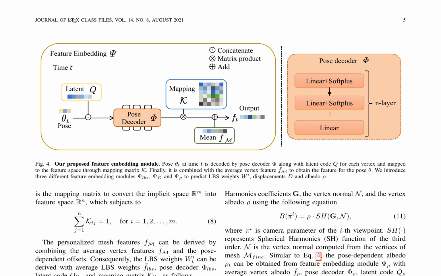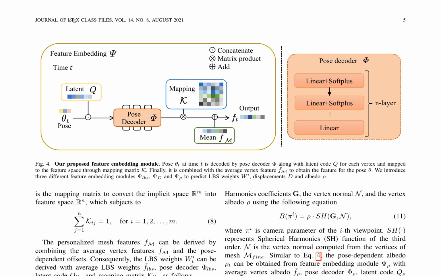The LBS weights are obtained by combining the average LBS weights F-LBS with the pose-dependent offsets, which are generated by the pose decoder Phi-LBS, latent code Q-LBS, and mapping matrix K-LBS. Similarly, the vertex displacements d_t are obtained by combining the average displacements F-D with the pose-dependent offsets, which are generated by the pose decoder Phi-D, latent code Q-D, and mapping matrix K-D.